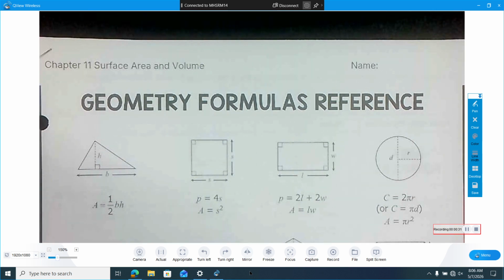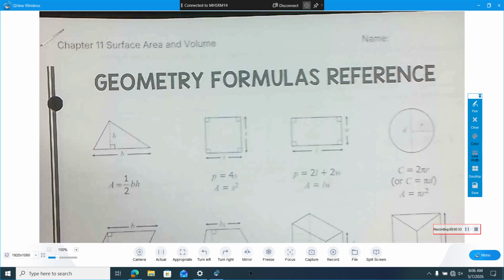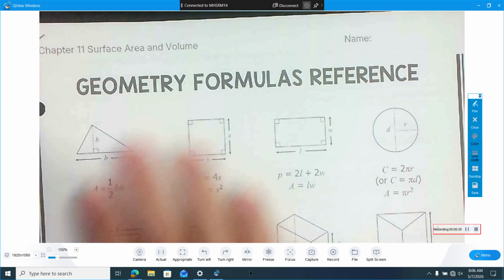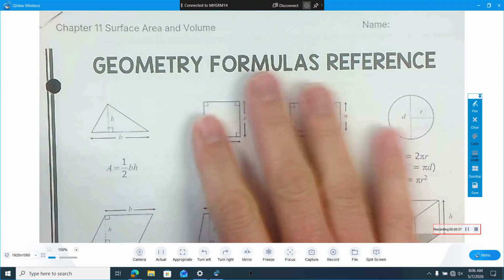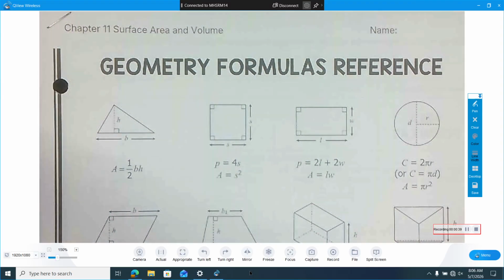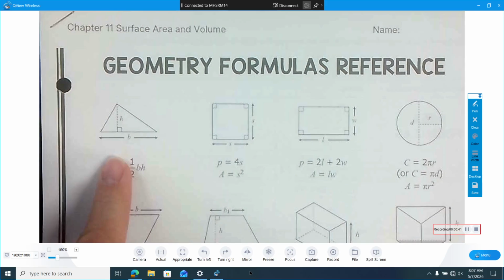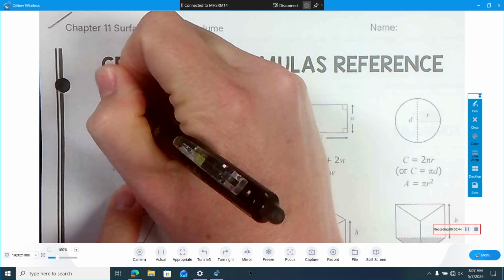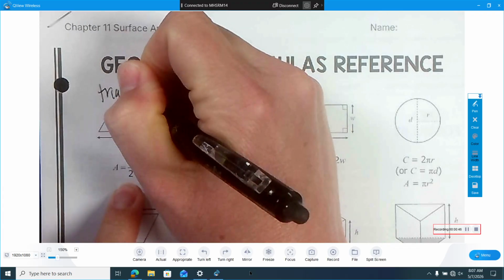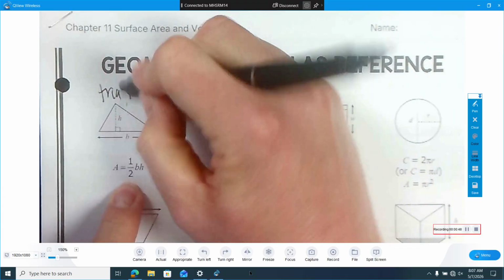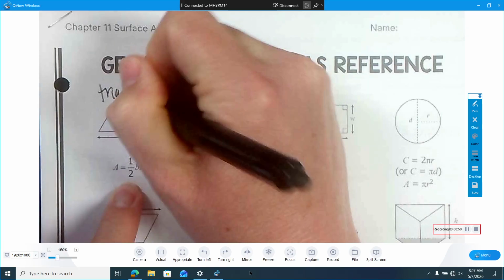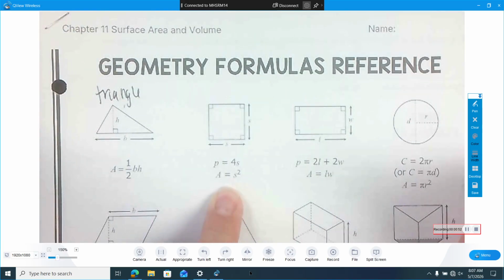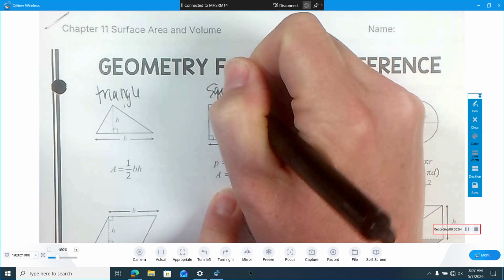So here we go. Today, you can see on the front here all the reference sheets, all the reference formulas really, and I just want to make sure, what shape is this? Very good, ladies and gentlemen, triangle. This? Square.